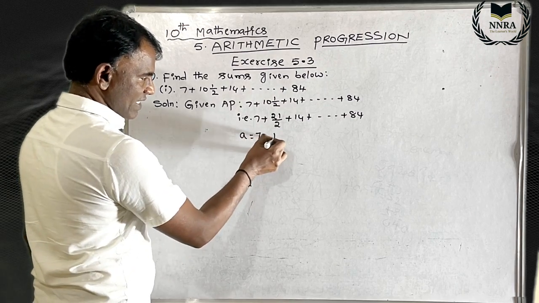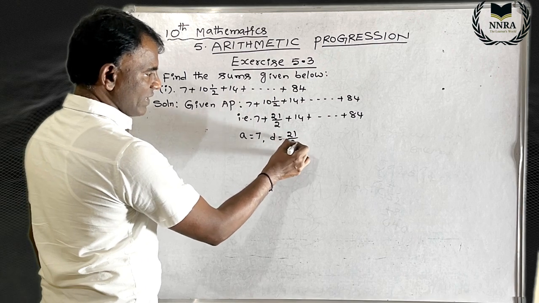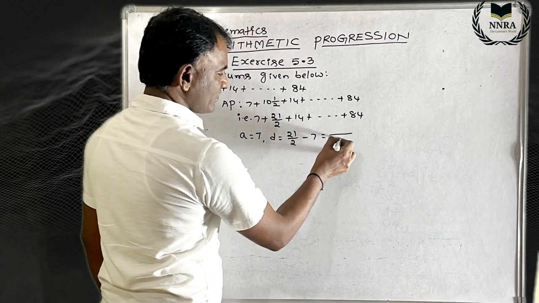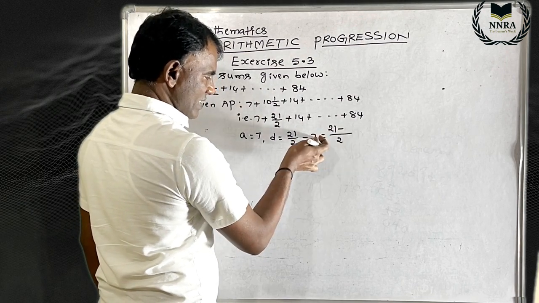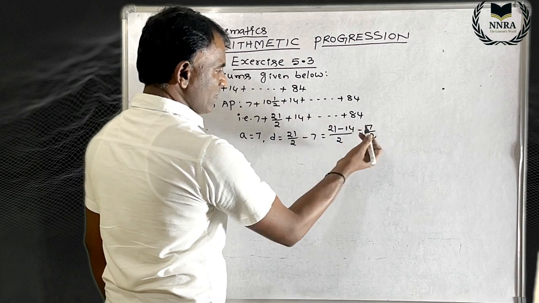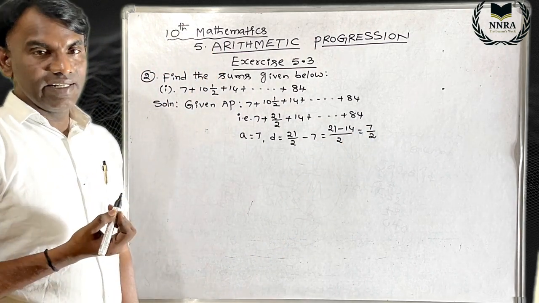And coming to d, second term minus first term, that is 21 by 2 minus 7. The LCM is 2, so 21 minus 7 into 2 is 14. Then what remains is 7 by 2. That is the common difference d.